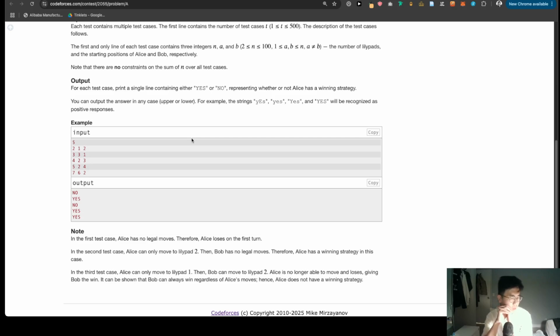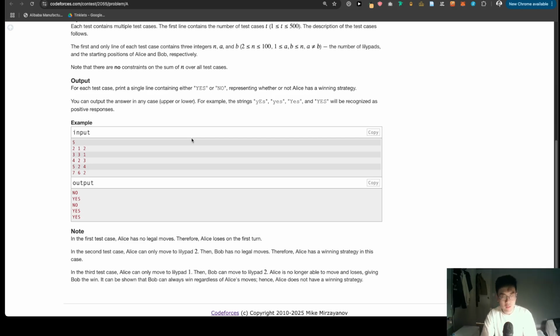This is really simple. You can DP it, you can search it, or brute force it, but that's too much work. Alice is gonna greedily try. If their distance is currently odd, then Alice is going to get closer.